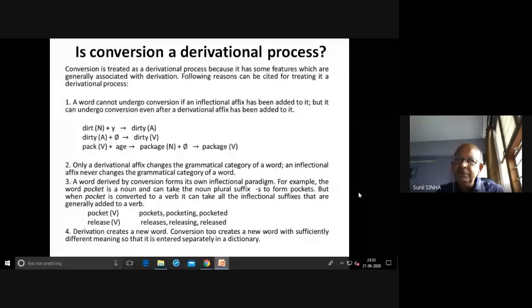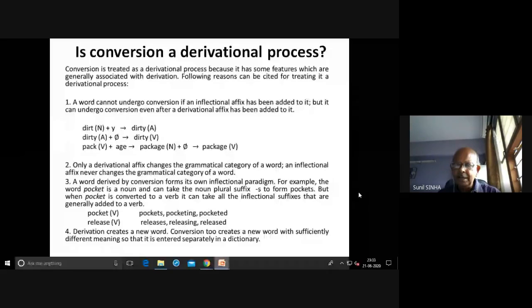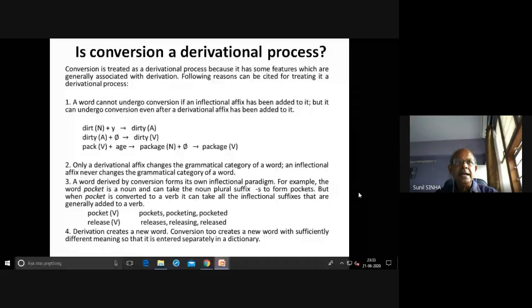And I told you pocket can be used as a noun and pocket can also be used as a verb. All right. Now, what is the proof that pocket is a noun? My shirt has a pocket. A pocket. So, a always comes before a noun. So, pocket is a noun.